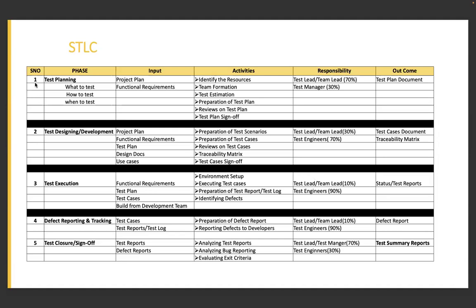So guys, over here in the test plan, we will have something called entry and exit criteria, which should be defined well. So based on those definitions only, you need to take a decision whether we can move to the next step or not. Okay. And we have defect reporting and tracking.